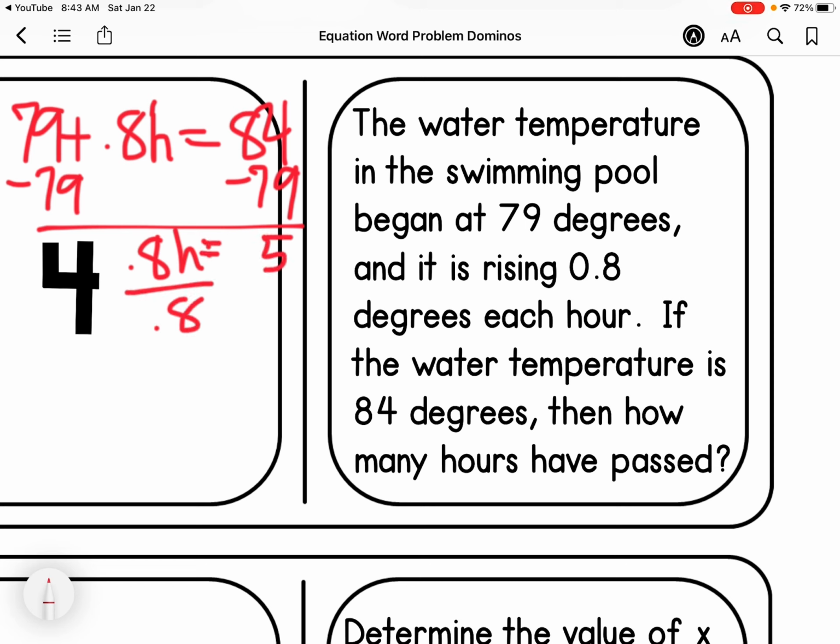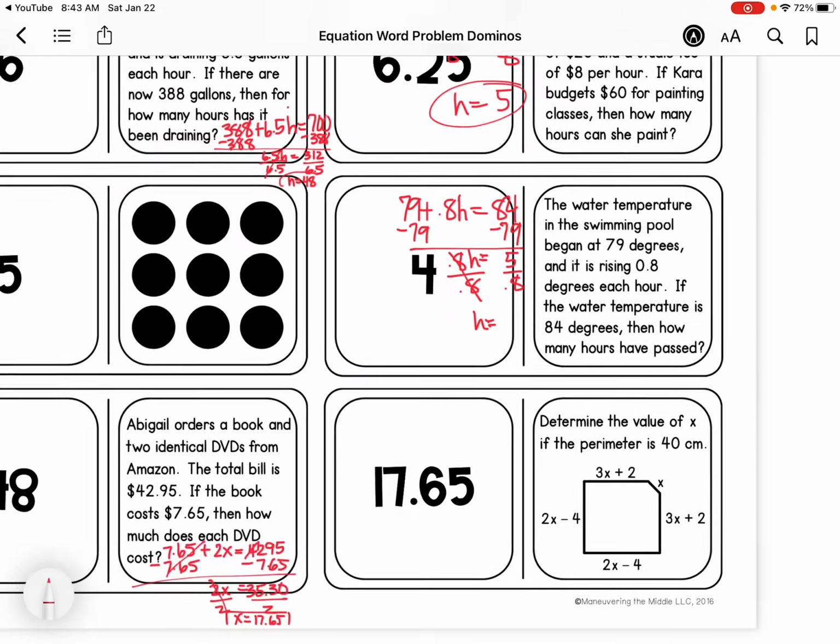Divide by 0.8. H equals 5 divided by 0.8, which is 6.25.